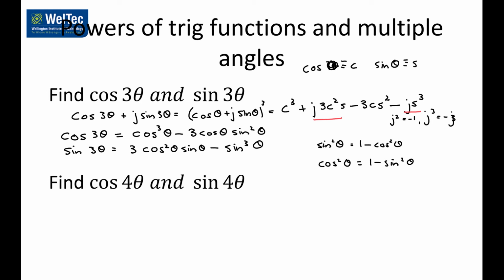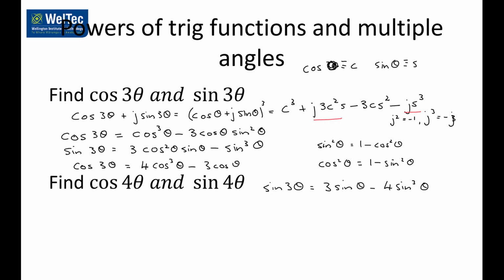So we could actually collect all of that up and write that cos 3 theta is equal to 4 cos cubed theta minus 3 cos theta, and that sine 3 theta equals 3 sine theta minus 4 sine cubed theta. Now, these are useful results in themselves, but the method is more important.